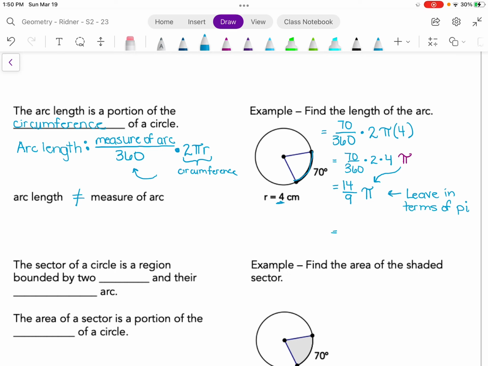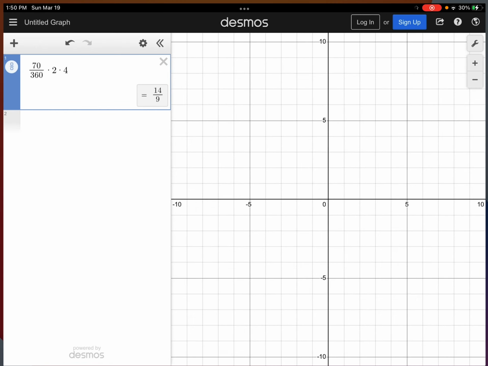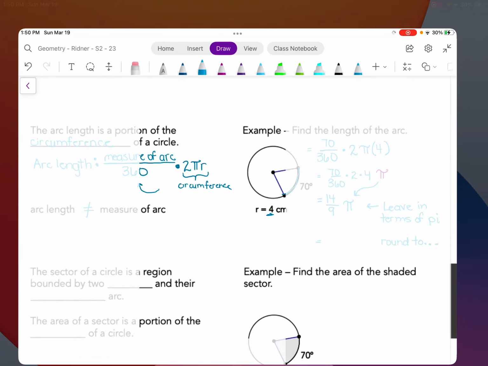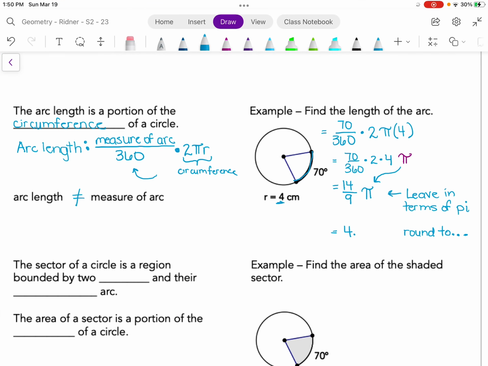If your answer says round to the nearest tenth, the nearest hundredth, whatever, that means you're going to put 14/9 pi into your calculator. And this one, if I round to the nearest tenths, would round to 4.9. Okay, so either one of those, depending what your question is asking, is a right answer.